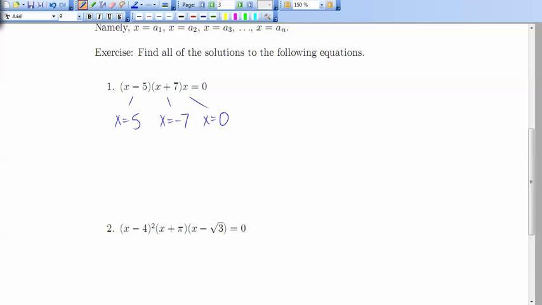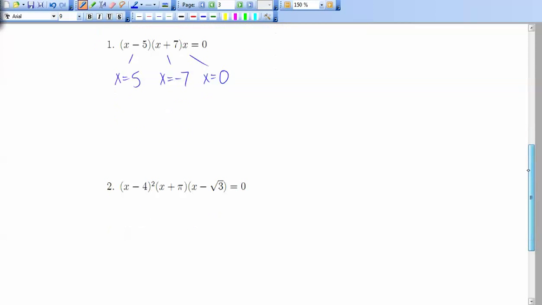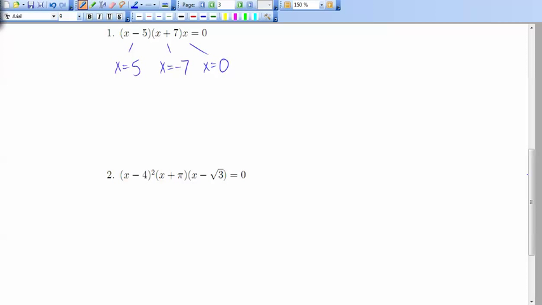We get exactly our three solutions very quickly. For our second example, we have really 4 factors here, but we've kind of got a double factor at the beginning. If x minus 4 is 0, that means x is 4. If x plus pi is 0, x is negative pi. And if x minus root 3 is 0, then x is equal to root 3.